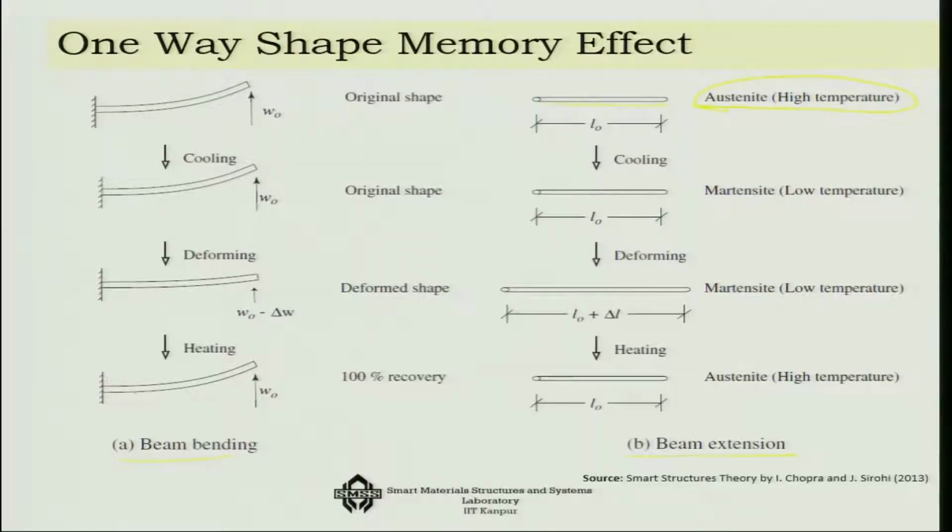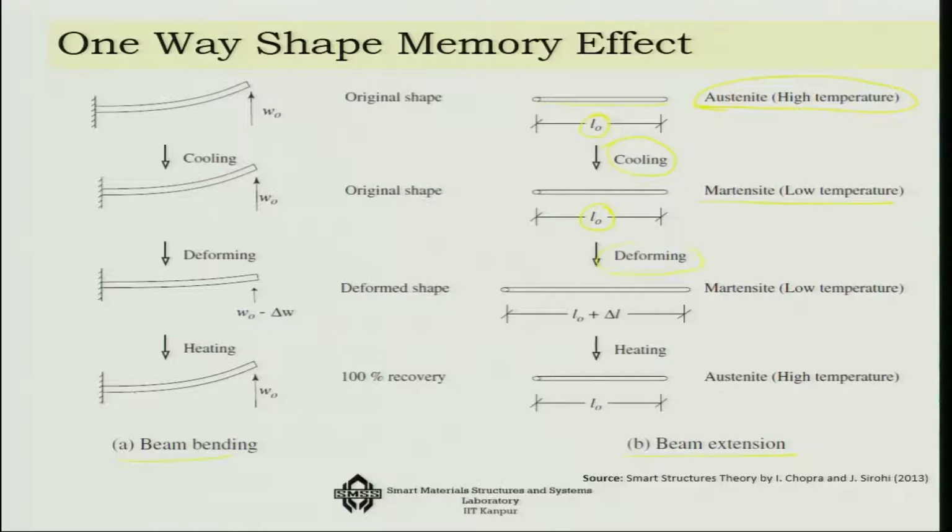Then I just cool it, fine, and then it goes to the martensite low temperature phase, but there will be no change of length. Even though there is this twinned martensite formation that has taken place, it is an internally adjusted procedure, so there will be no change of length.